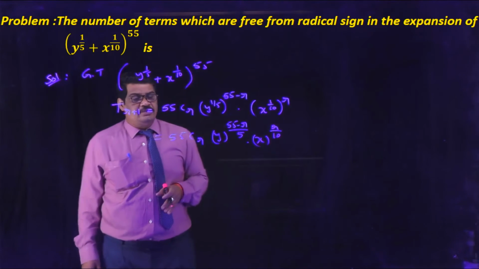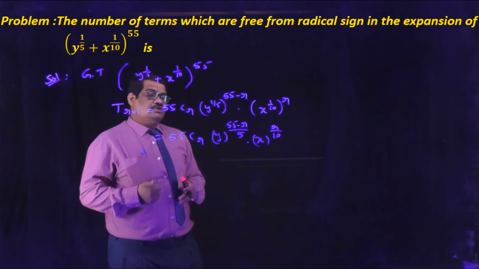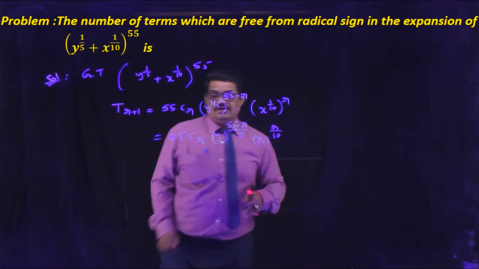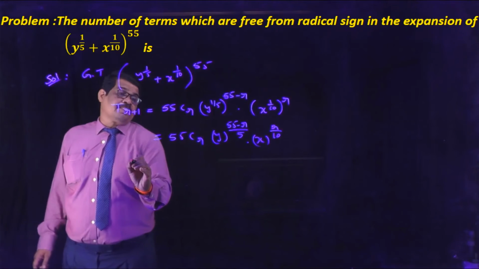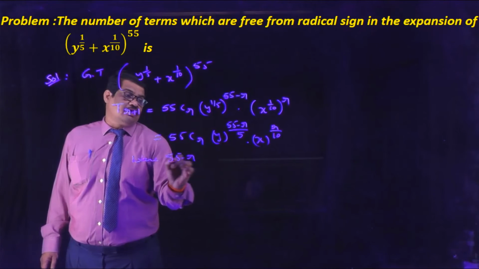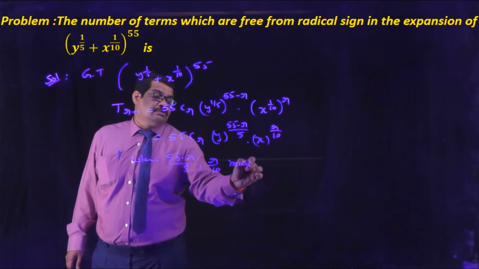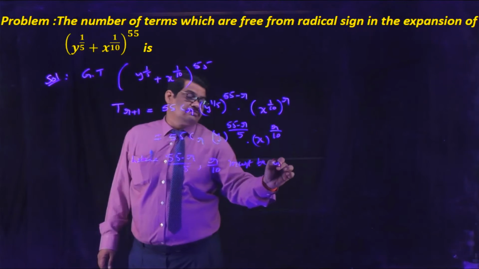So this term is an integer term when these powers are integers, where 55 minus r by 5 and r by 10 must be integers.